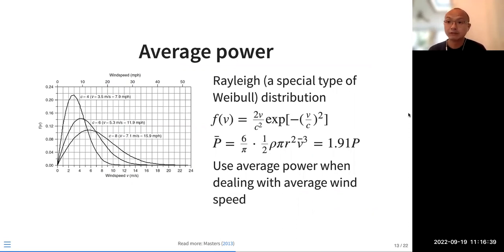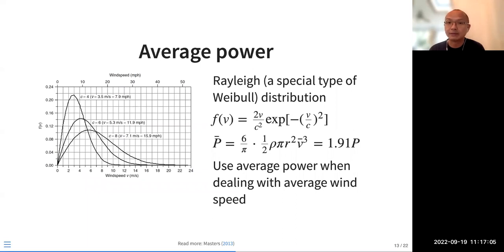So the formula we discussed before described the instant power, but very often we were given the average wind speed of a place, for example, Stony Brook or any other place. How do we get the power from an average wind?